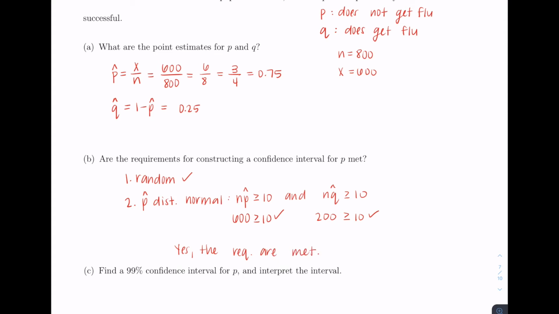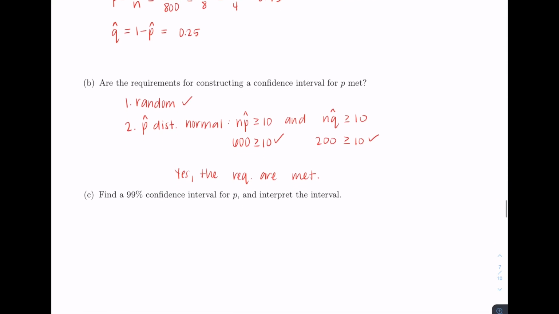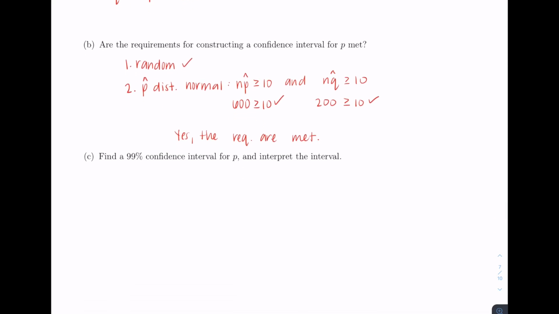So now we can actually move on to finding the confidence interval. If we're going to find the confidence interval by hand, there's a few things that we need to do first. Our confidence interval is going to be given by the values P hat minus E and P hat plus E, where E represents the margin of error.